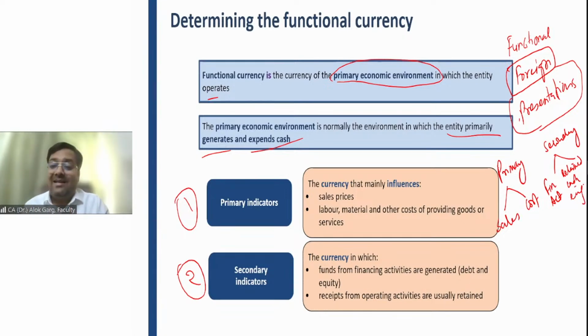In which currency the sales are happening, in which currency majorly the cost is incurring, in which currency the financing activity has been generated, the equity has been raised, the debt has been raised, or in which currency the remaining balance, the retained amount, has been maintained: is it in an INR bank account, a US dollar bank account, a Chinese yuan bank account?